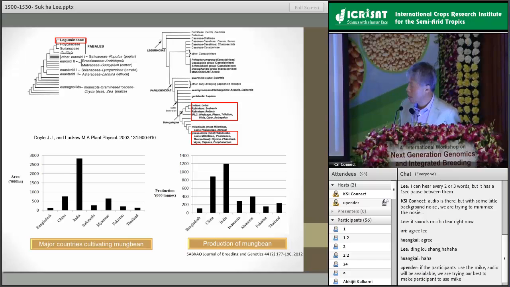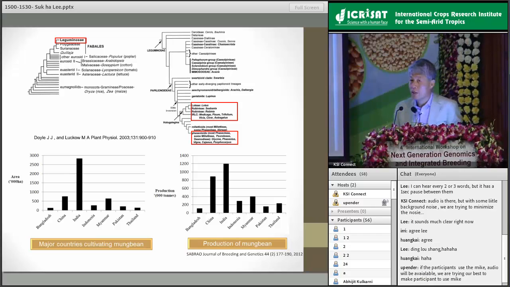India has the largest production area of mungbean in the world. Based on total production of mungbean, India was first, China second, and Myanmar third, and you can see a pretty large amount of production in Indonesia, Thailand and Pakistan.